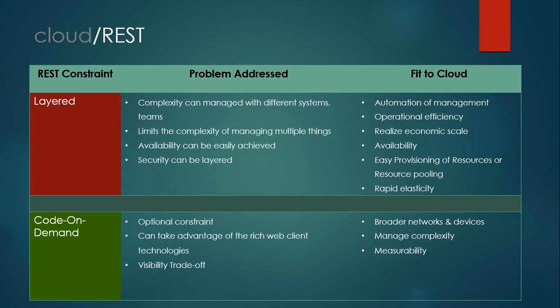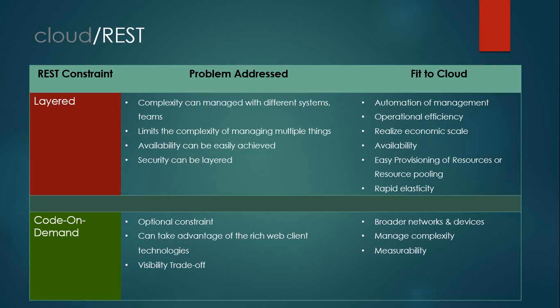Hence, layered architecture makes a big impression on your network architecture by reducing the complexity and making the system available all the time. If layer 1 fails, you can easily introduce a layer 2 or fall back on a second layer.